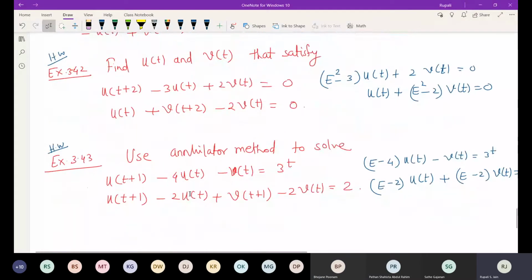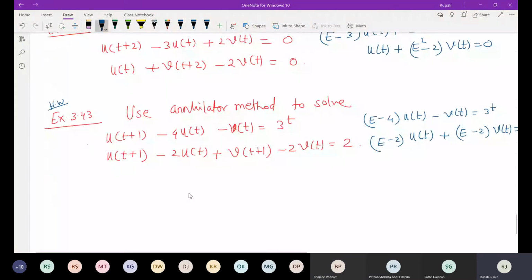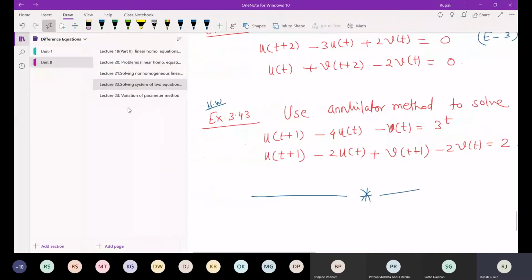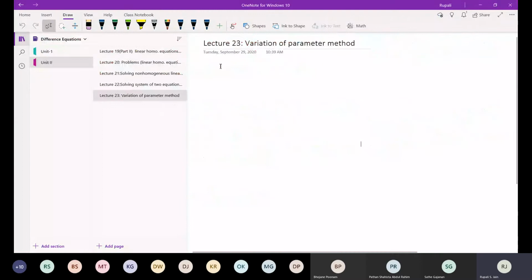So we will start the variation of parameter method. Today we will start this new method, variation of parameter method. You have already seen this variation of parameter method while solving differential equations.